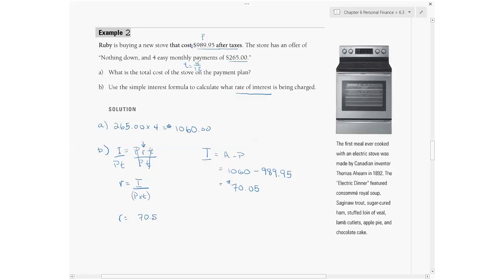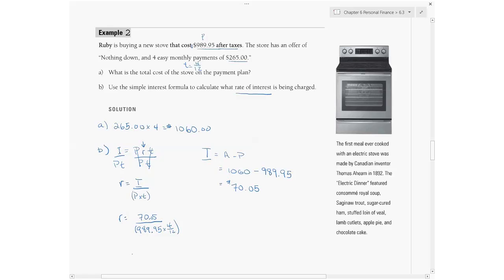$70.05 divided by $989.95 times the term, which is 4 out of 12 months.